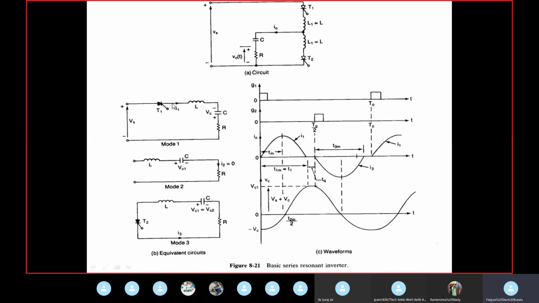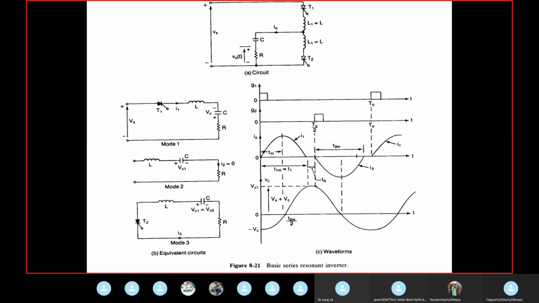So T1 is fired and the current i1 flows through this circuit, L, C and R. The equation for the instantaneous load current in this mode is L di1/dt plus R i1 plus 1 by C integral of i1 dt plus Vc1, the initial voltage across the capacitor at t equals 0, which is equal to Vs. Now at initial conditions, at t equals 0, i1 is equal to 0 and Vc1 is equal to minus Vc.